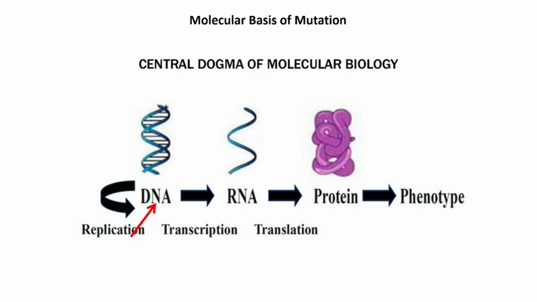The DNA undergoes replication to produce copies of itself. It undergoes transcription by RNA polymerase to produce RNA, and the RNA, that is mRNA here, is translated to produce the proteins. The biological function of the protein is responsible for the phenotype that is expressed.